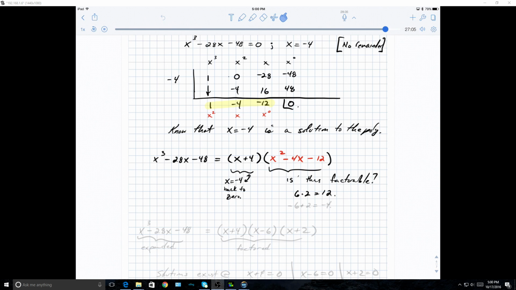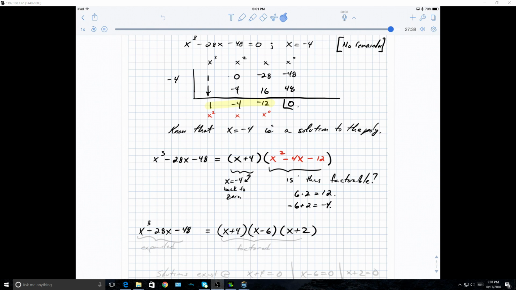And B in this case is negative 4. So it looks like negative 6 plus 2 would give us the negative 4. So this is factorable. And what all this would equal now is x plus 4 times the quantity x minus 6 times the quantity x plus 2. And all of that is the factored form of x cubed minus 28x minus 48.